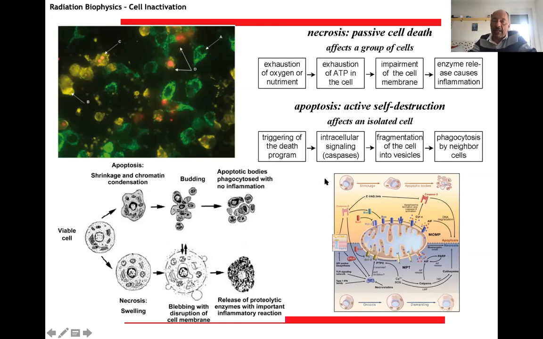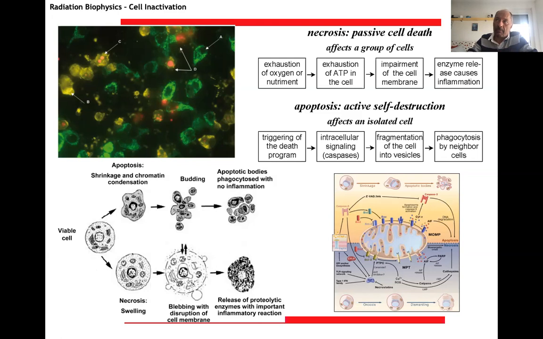You start to have fragmentation of the cell into vesicles, and eventually you will have phagocytosis of the apoptotic bodies. Instead, in necrosis, you have swelling, blebbing, and release of proteolytic enzymes. So essentially, necrosis is a passive death, and apoptosis is an active death.